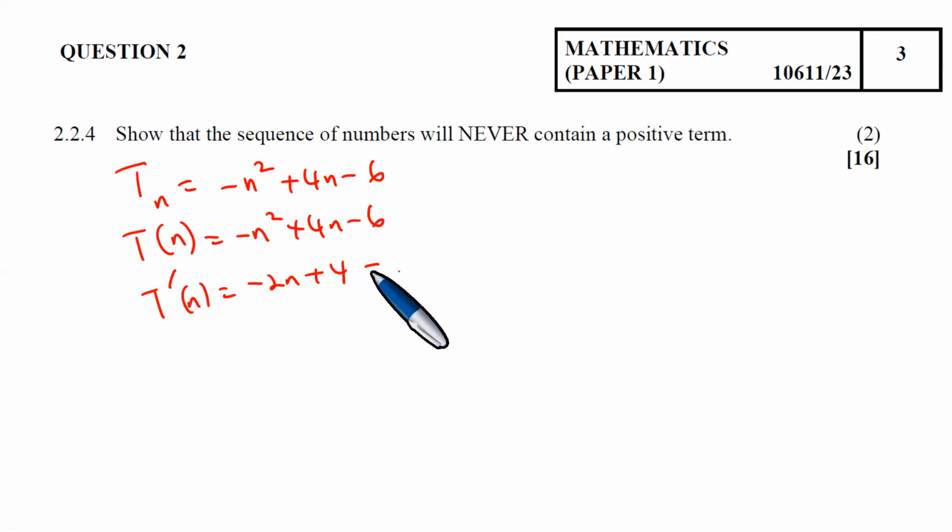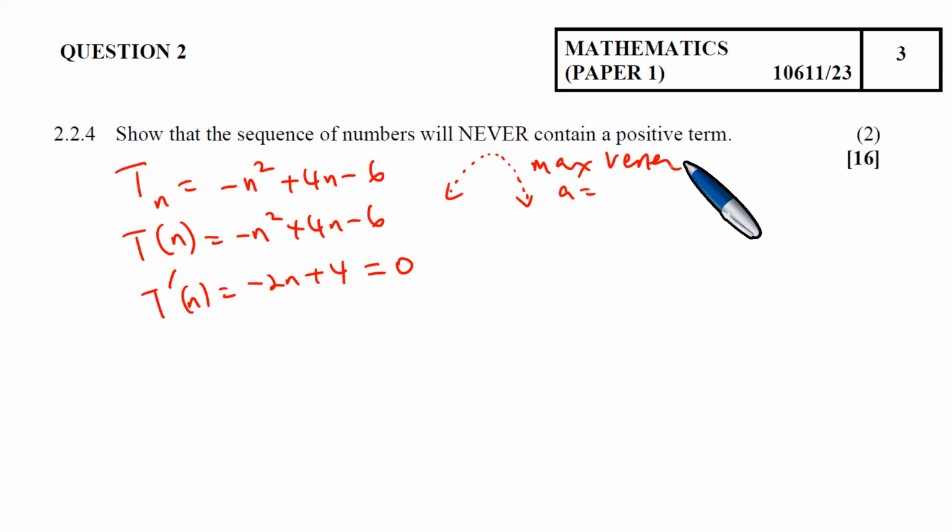We must equate this to 0 because it is a graph that will tend to have a maximum vertex. Why a maximum vertex? This is a quadratic function, and there is a maximum vertex because a is negative 1.